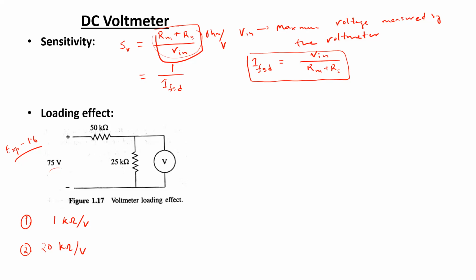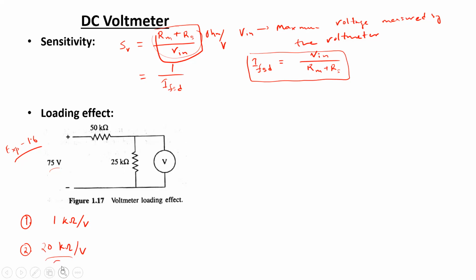Without doing the calculations, as per the loading effect discussed, you can easily suggest that the voltmeter with the higher sensitivity should give better performance, because the resistance associated with that voltmeter is supposed to be high as well. So less current will be drawn by that particular voltmeter. So obviously the loading effect will be less for the high sensitivity voltmeter.